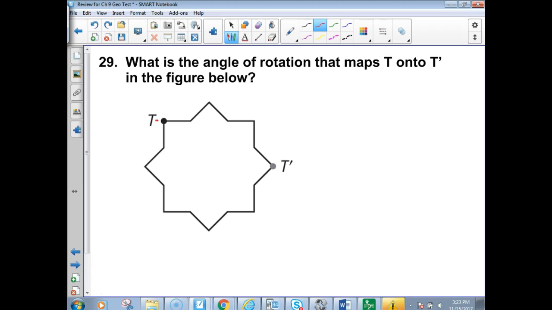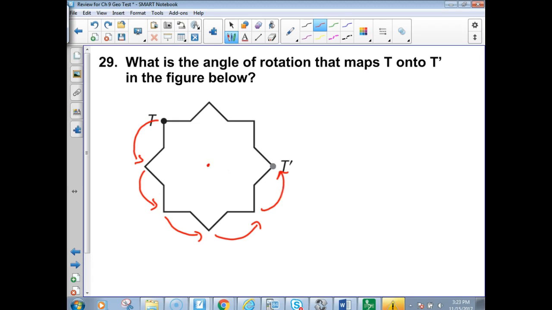We said all of them are going to go counterclockwise. So this would be 1 turn, 2 turns, 3 turns, 4 turns, and 5 turns. I forgot to fix that answer before I printed them off. I have since corrected that.